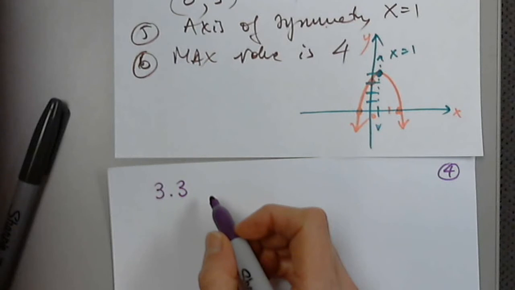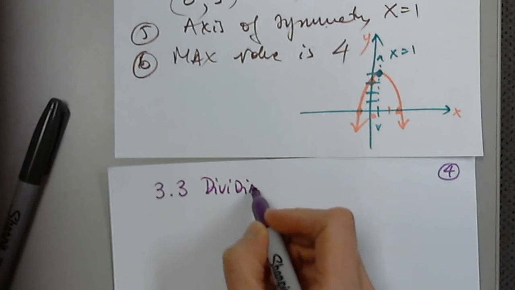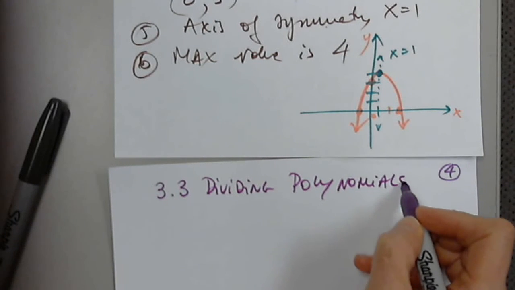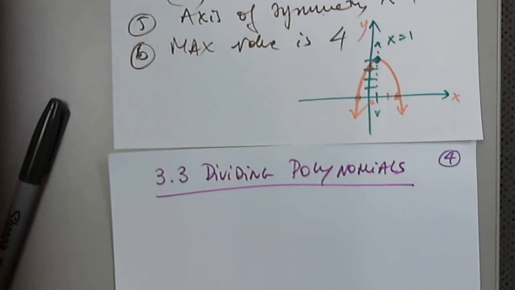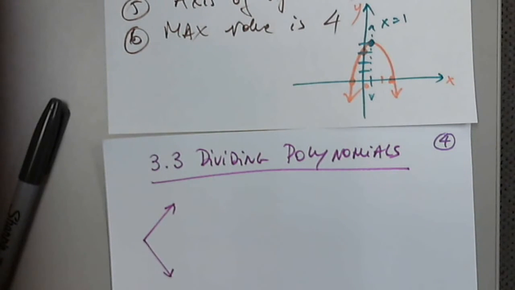So 3.3 deals with dividing polynomials. We have two different situations here. One situation is not presented in your book, but I have to show it to you.